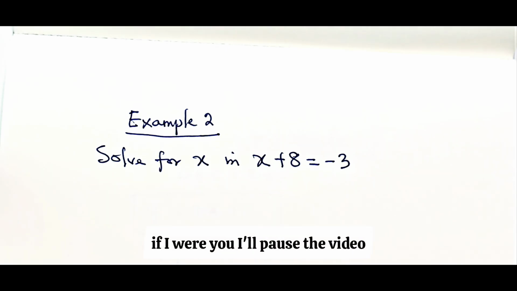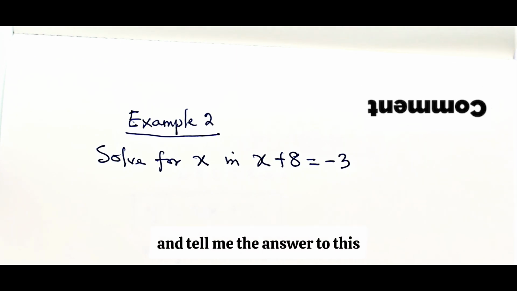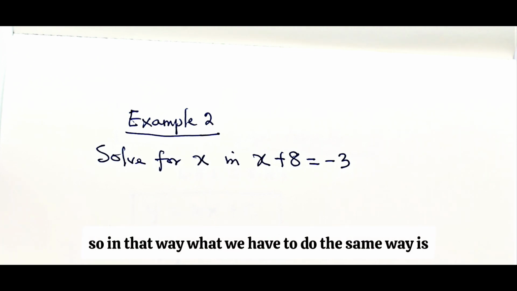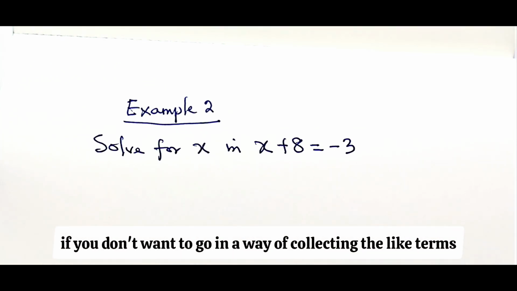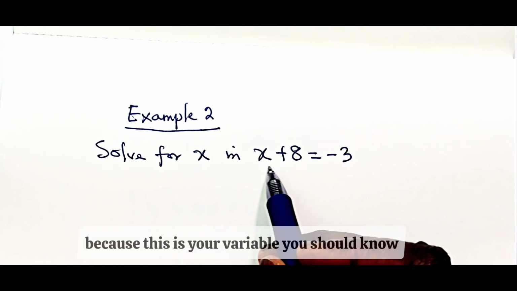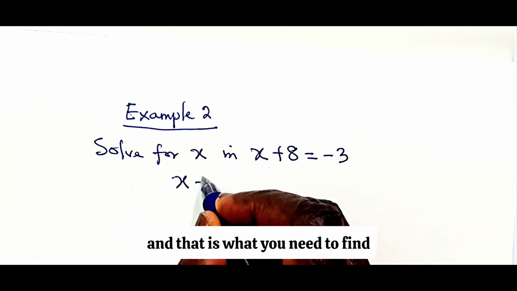If I were you, I'd pause the video and quickly solve this and tell me the answer. So in that way, if you don't want to go the way of collecting the like terms, you should know that this is your variable and that is what you need to find.